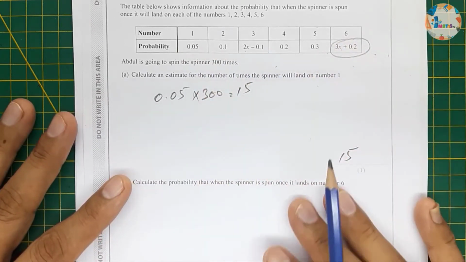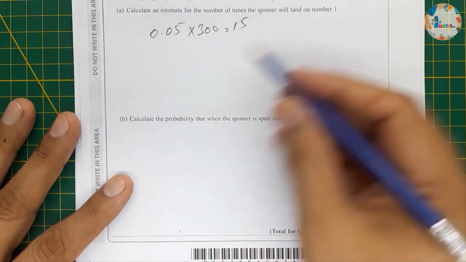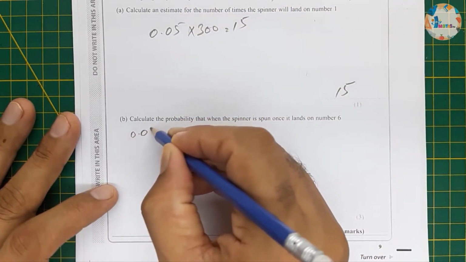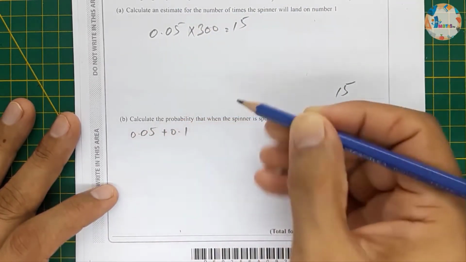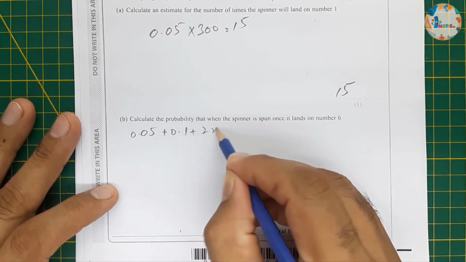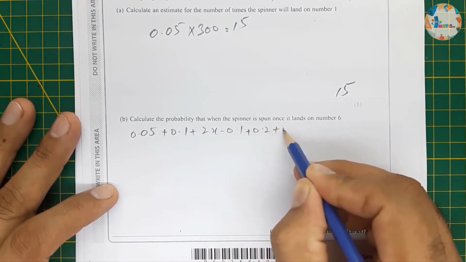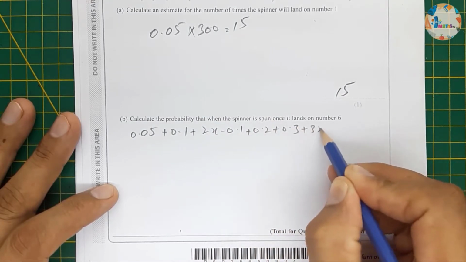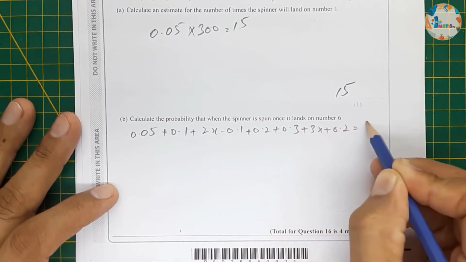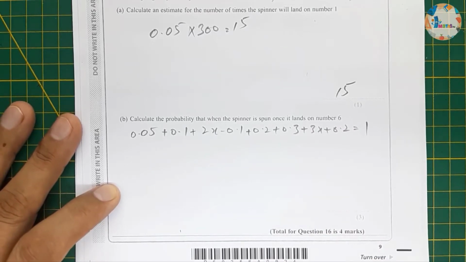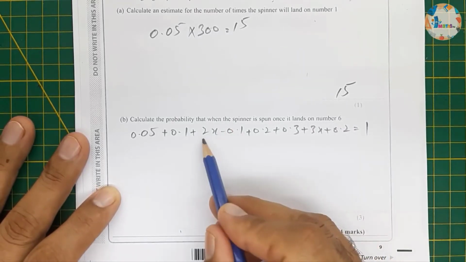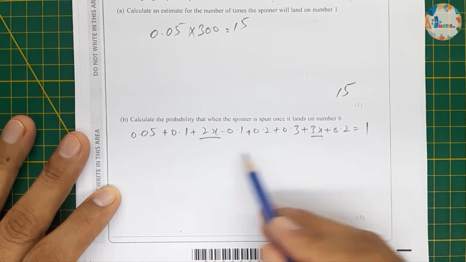So the probabilities should add up to 1. So we'll add all these numbers: 0.05 plus 0.1 plus 2x minus 0.1 plus 0.2 plus 0.3 plus 3x plus 0.2 should add up to 1. Now we will be adding all these. This is containing x, this is also containing x.